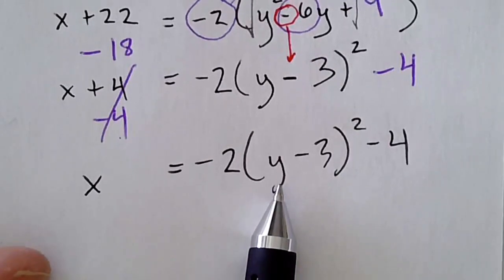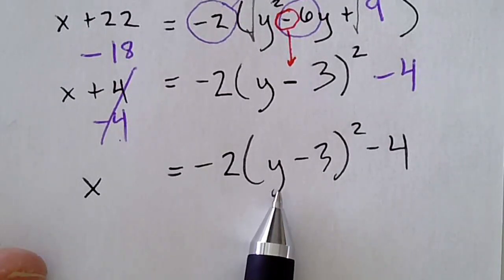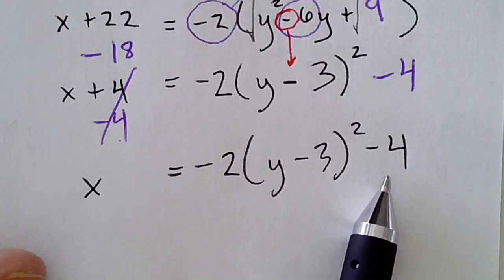So the vertex is the opposite of h and the opposite of k.